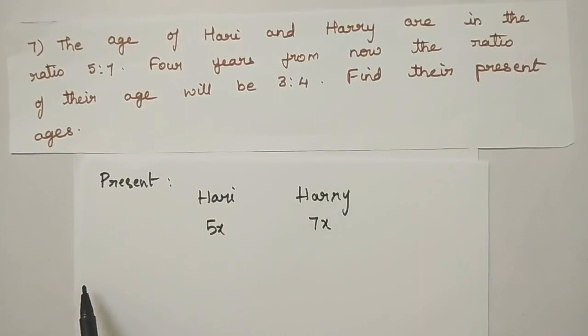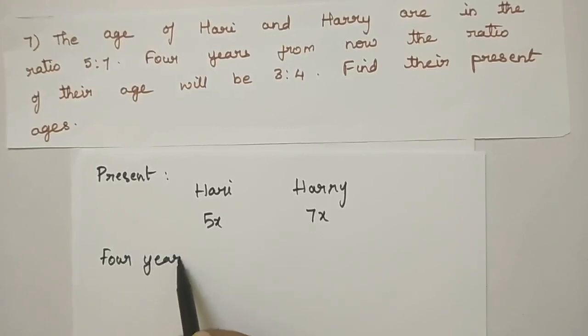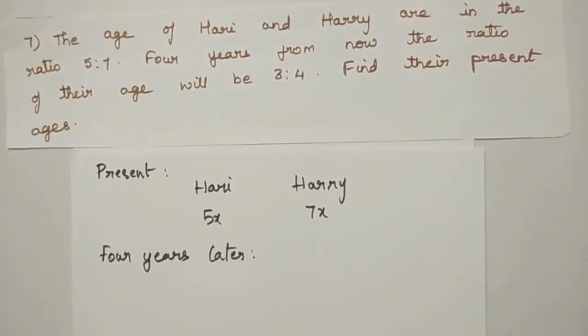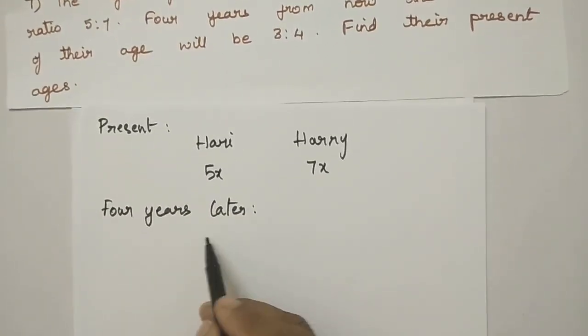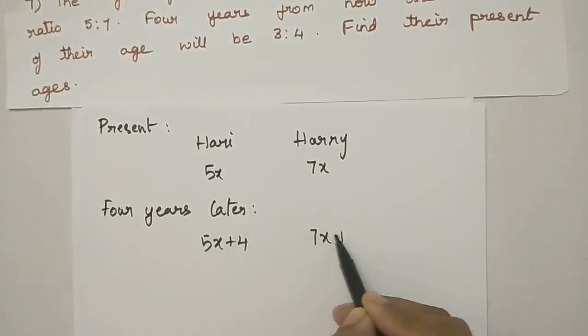Okay, 4 years from now means 4 years later, is it not? 4 years later means in the future. So you have to add 4. Add 4 to both. We got the terms. Okay, the condition to form the equation is their age ratio, that is 5x plus 4, 7x plus 4.